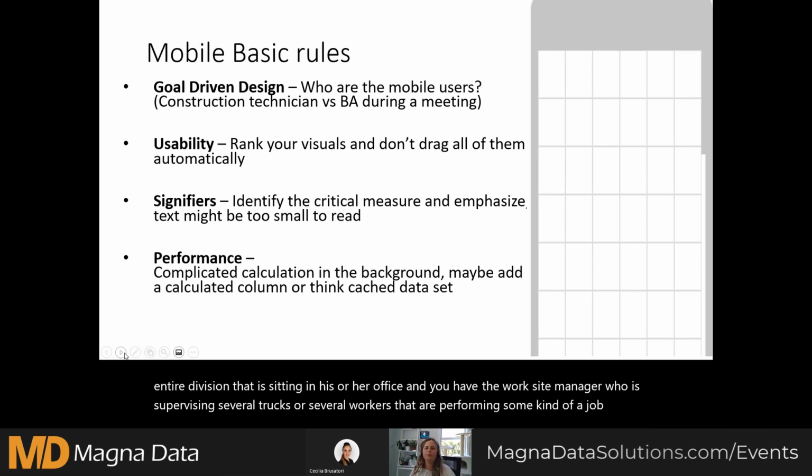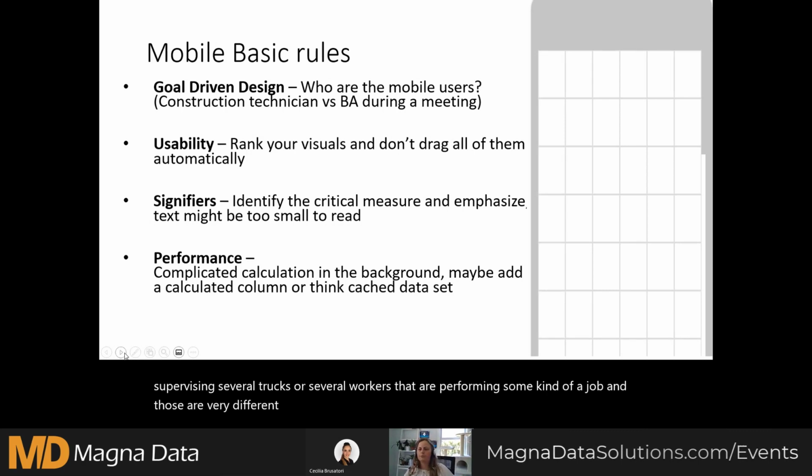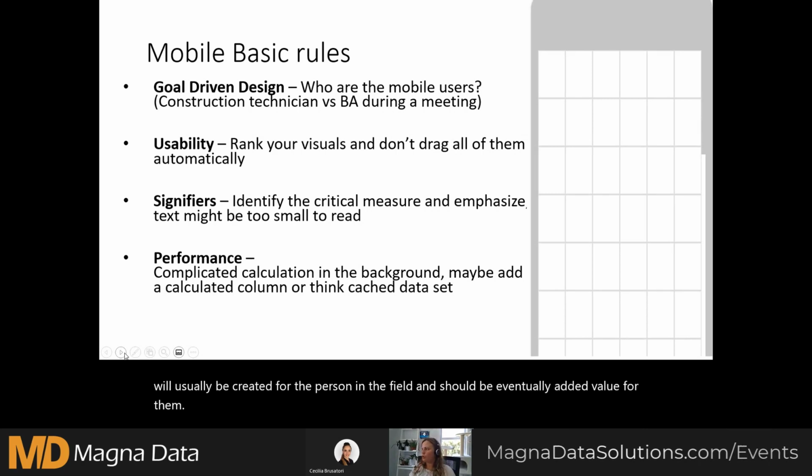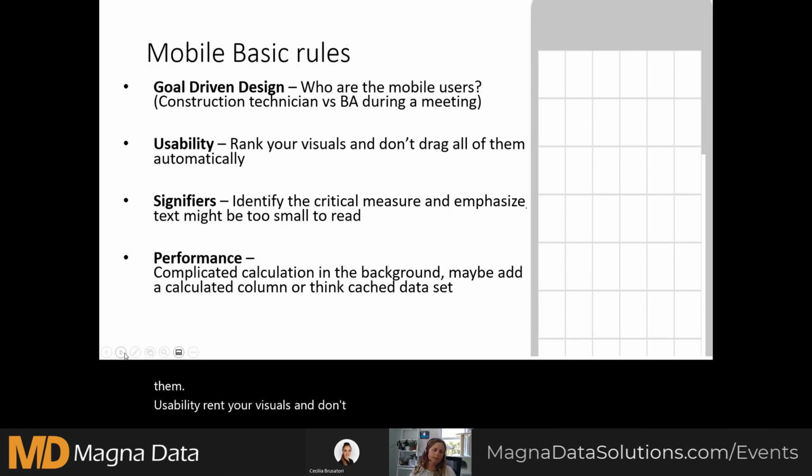Those are very different reports that you are going to create for them. The mobile report will usually be created for the person in the field and should eventually add value for them. Usability: rank your visuals and don't drag all of them automatically.